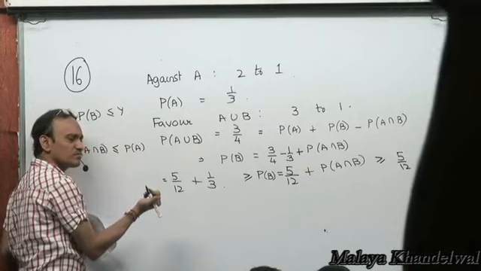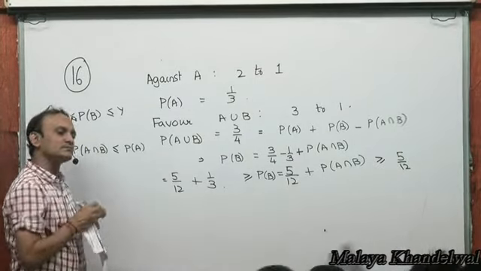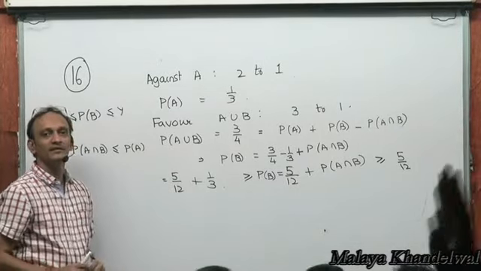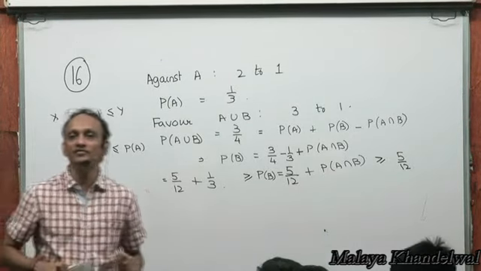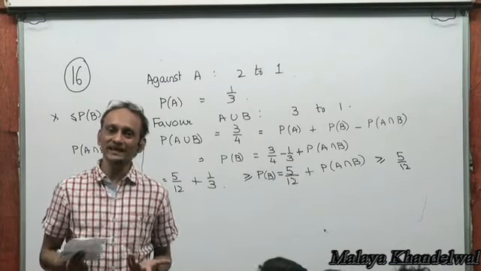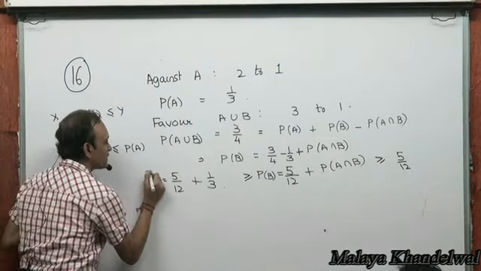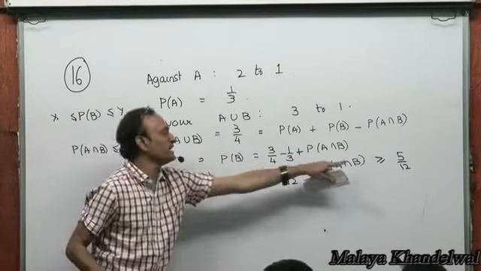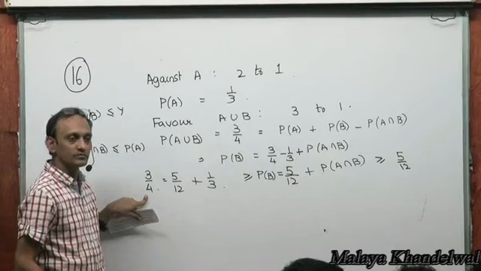PB we do not know, PA we know. But that's conditional. We do not know if it's fixed. So that makes it 3 by 4. So PB will always be greater than or equal to 5 by 12 and less than or equal to 3 by 4.